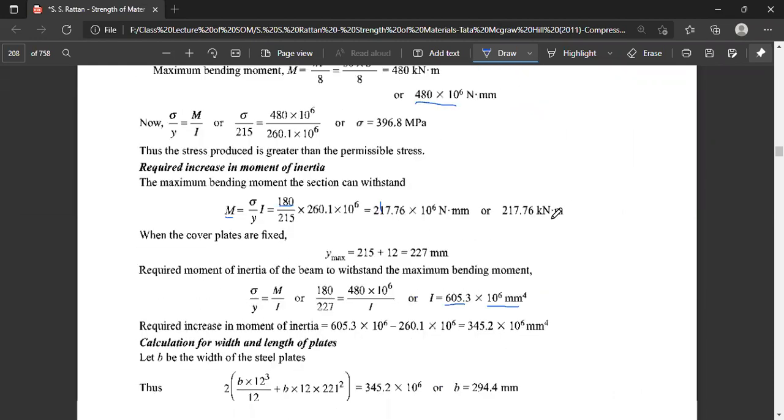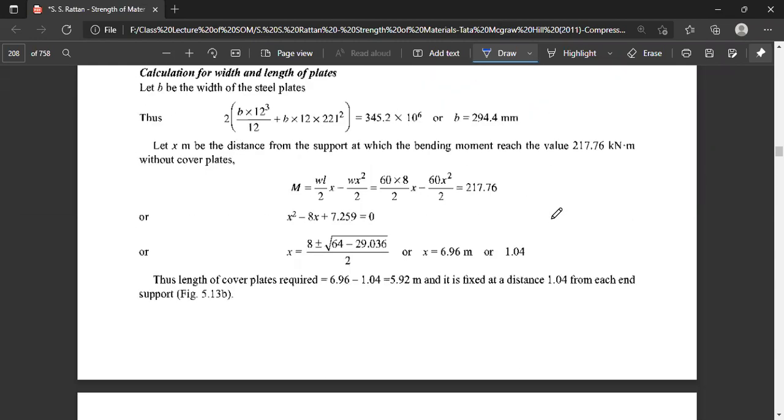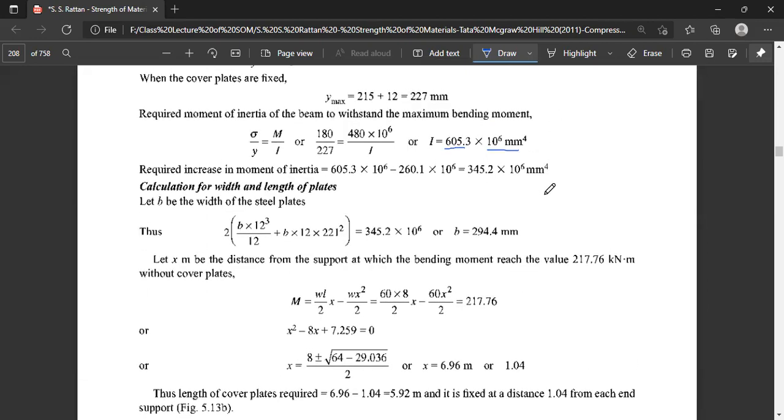If we take a section here, we make this equation, and the bending equation for the bending moment will be W L by 2 into X minus W x squared by 2. So we know W, we know the length, so we put the value of the length here, and X is unknown to us. The maximum bending moment is 16 into 8 by 2 into X minus 6 x squared by 2 equals 270, or x squared equals minus 8x plus 800.259.